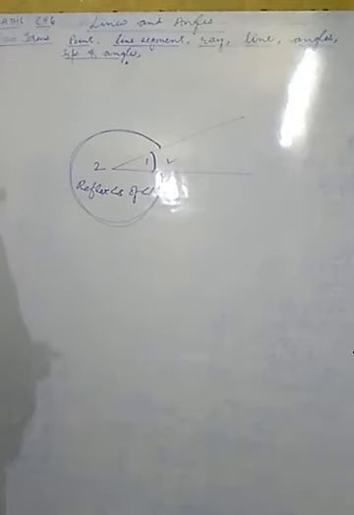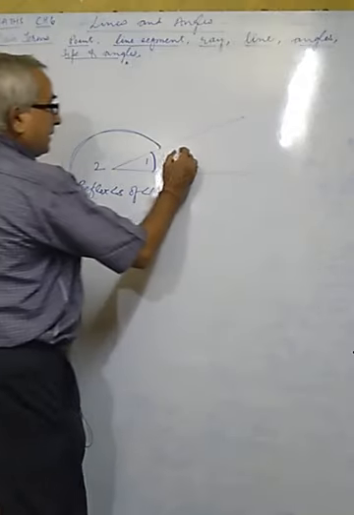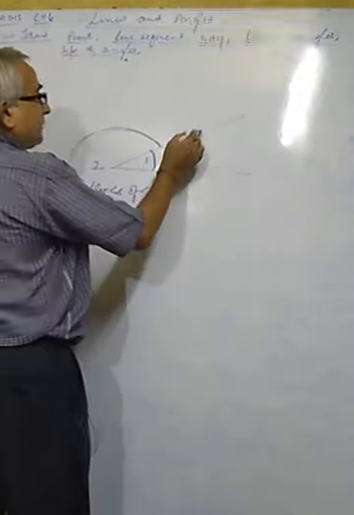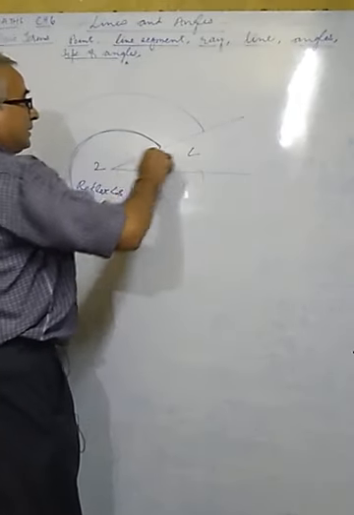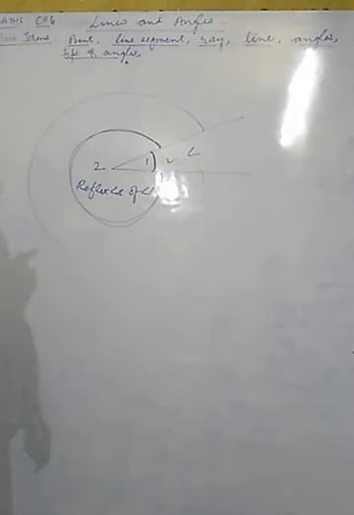Now one thing is remarkable here. Suppose an angle is given and the reflex of this angle is given. If both are added, what will be the value?